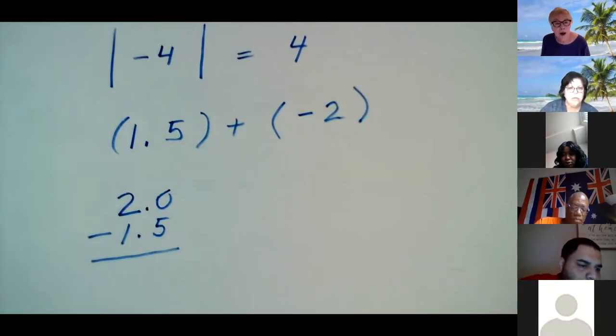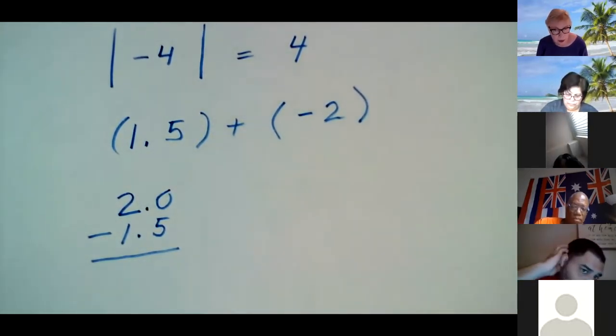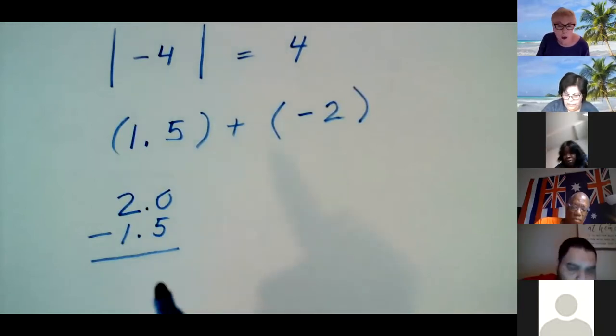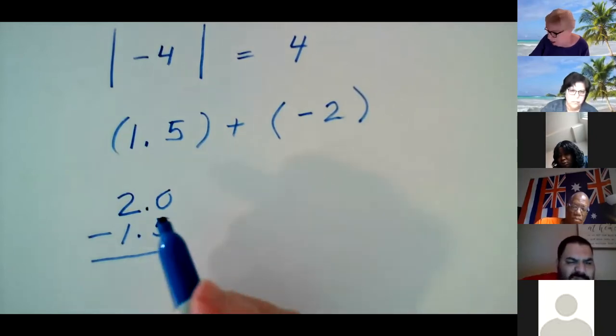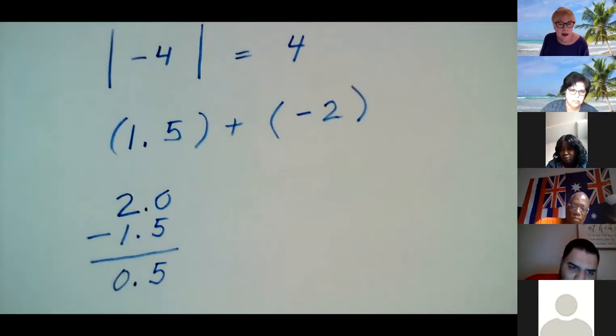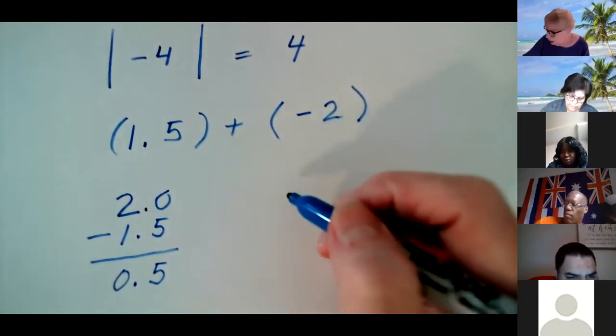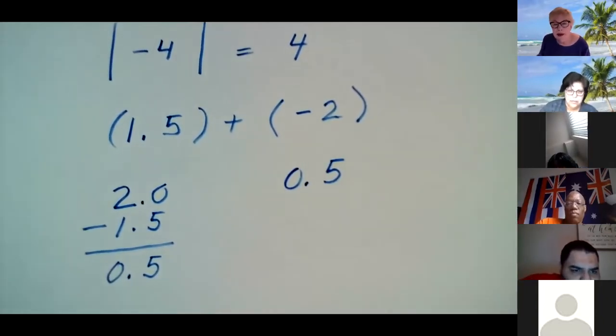And see, this is where the work we did on decimals comes in. Think of it almost like money. $2 minus $1.50 is 0.5, isn't it? So I'm going to write that number down. But there are always 2 steps to these.